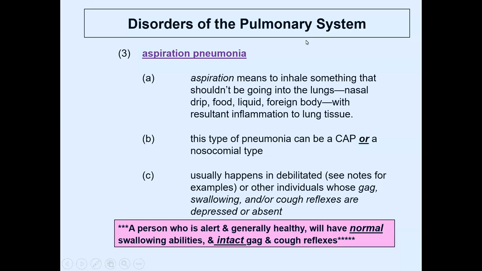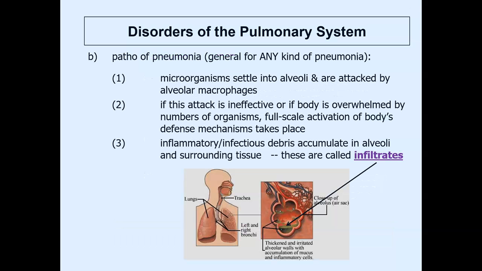So again, aspiration pneumonia can occur in the community, it can occur in the hospital, but it won't occur, because again, we're in black and white patho, UTA patho land. It will not occur in someone who is of sound mind, in other words, an individual who has patent or intact cough and gag reflexes. Regardless of what type of pneumonia, whether it's community or aspiration or nosocomial pneumonia, this is the patho that occurs.